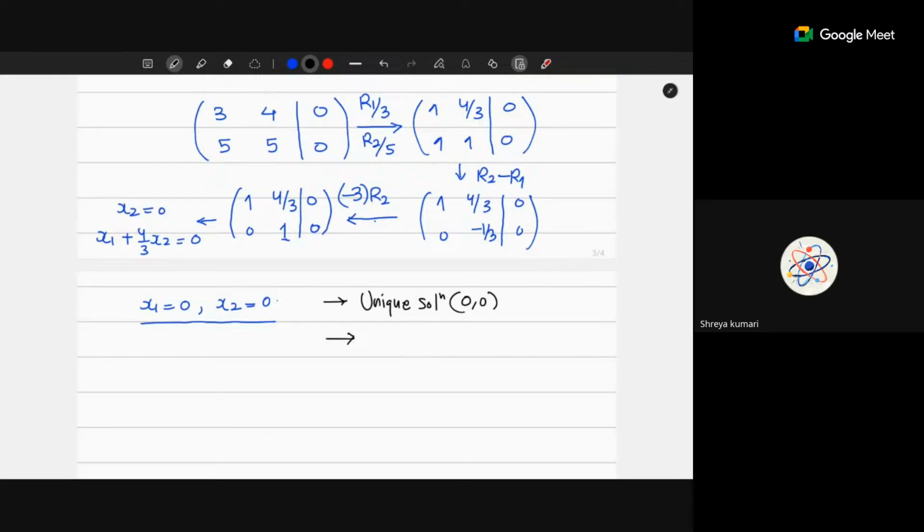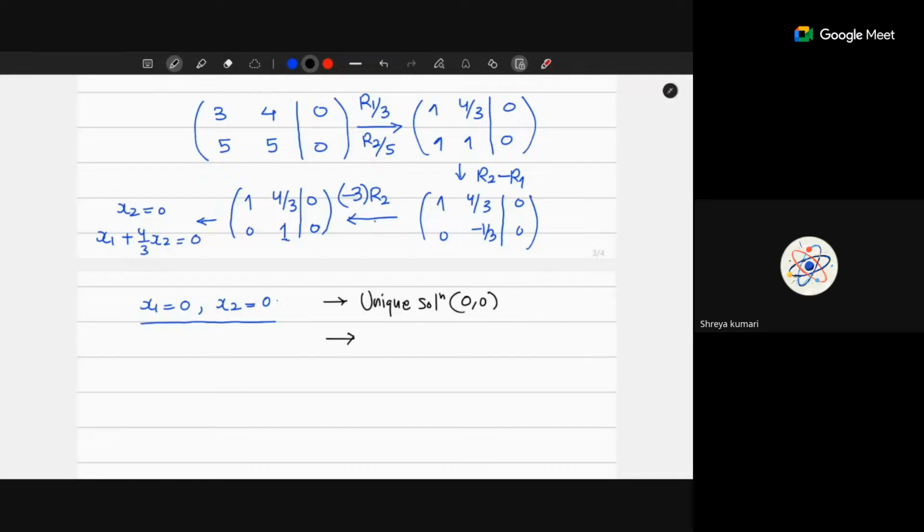So we don't need to keep that vector while solving this. We can just simply work with the corresponding matrix and perform the Gaussian elimination.